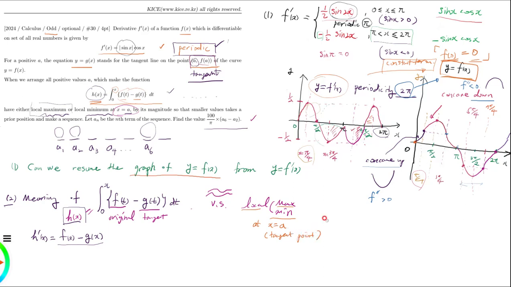To have a local maximum or minimum at the tangent point (a, f(a)), the sign of h prime of x has to change around x equals a.